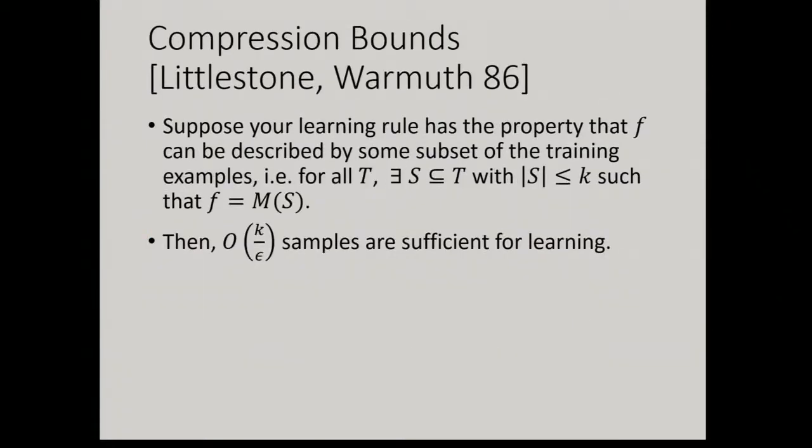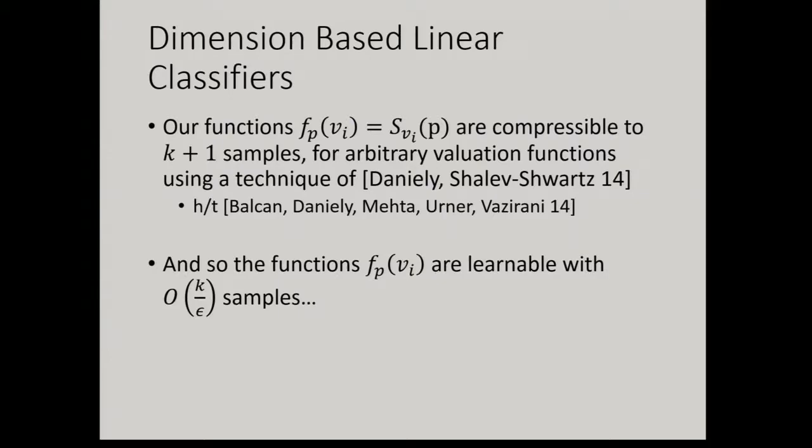So I don't have much time, so I won't go through the details, but the learning result we use when we're trying to learn this function in bundle space has to do with this technique of compression bounds. It's a classical technique that doesn't require uniform convergence, but isn't, I think, as well known in our community. And it turns out that using a very nice learning result by Daniely and Shalev-Shwartz that was brought to our attention in an economic context by a paper of Balcan et al.